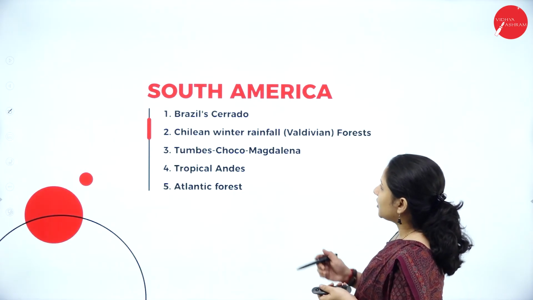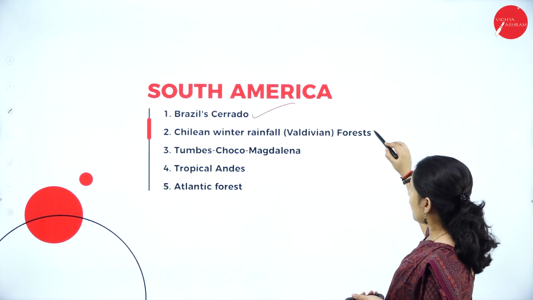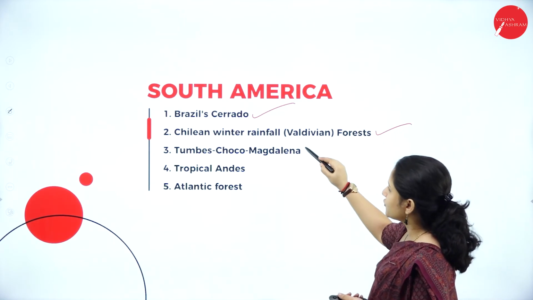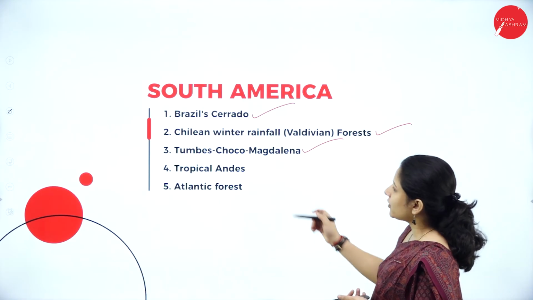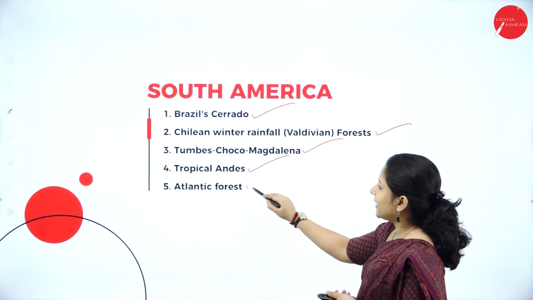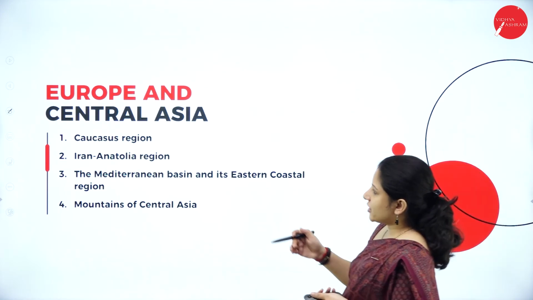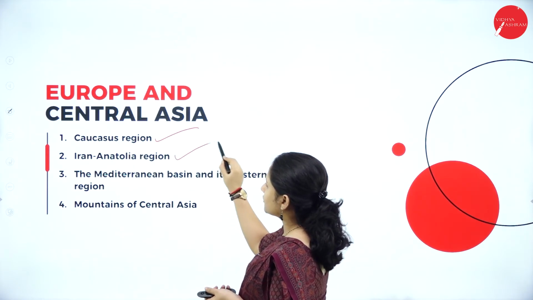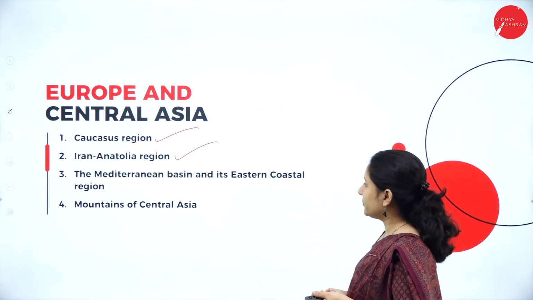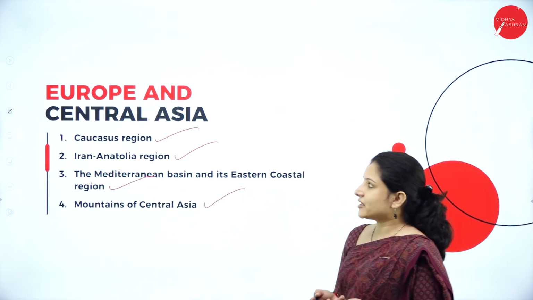Next, in South America, there is Brazil's Cerrado, then Chilean winter rainfall forest, then Tumbes-Choco-Magdalena biodiversity hotspot, then tropical Andes and the Atlantic forest. Next in Europe and Central Asia, there is Caucasus region, the Irano-Anatolian region, the Mediterranean basin and its eastern coastal region, then the mountains of Central Asia.